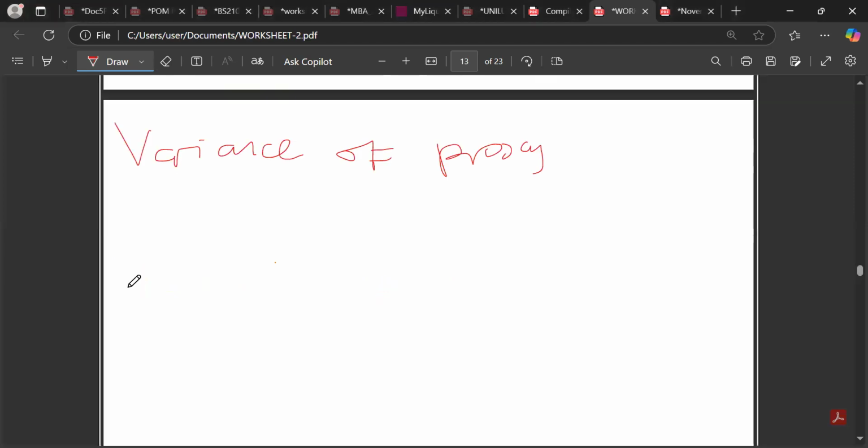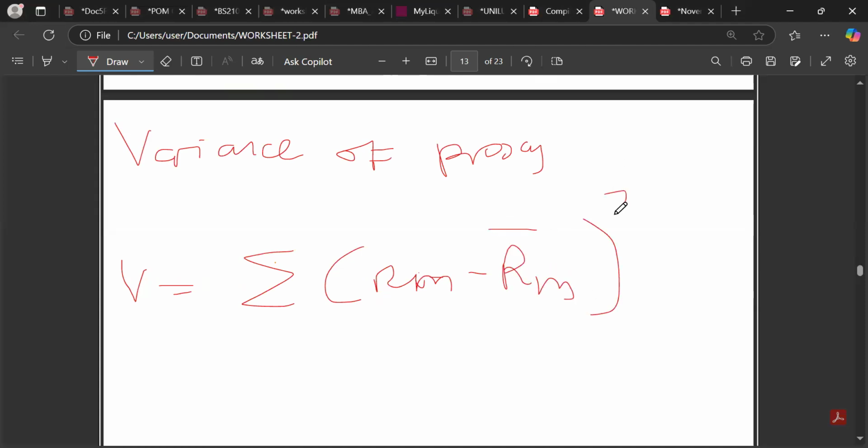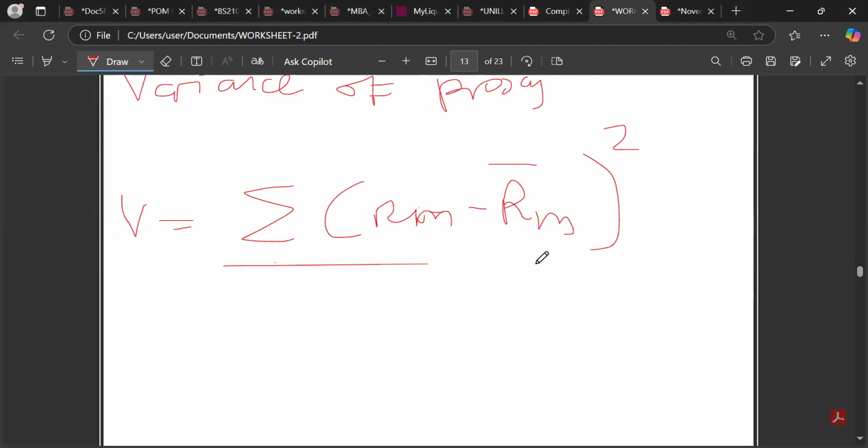Variance is equal to the summation of Rm, the market proxy return, minus Rm bar, squared, over n minus 1. This is how we use it generally. Are we okay with the formula here so far?